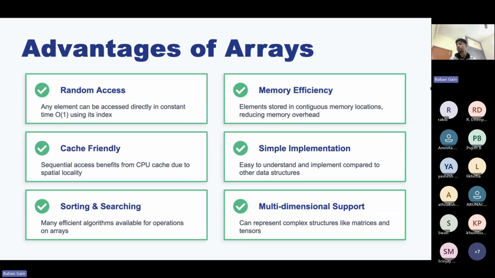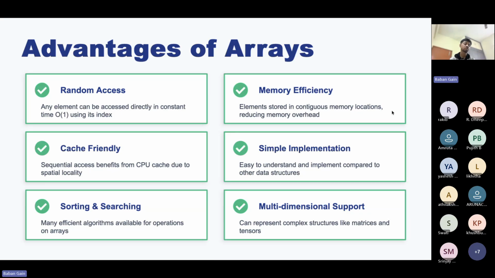The first element is at 1000, the second is 1004, the third is 1008, the fourth is 1012, the fifth is 1016, assuming 4 bytes. So if I need the fifth element, I can directly go to 1016 in the RAM.